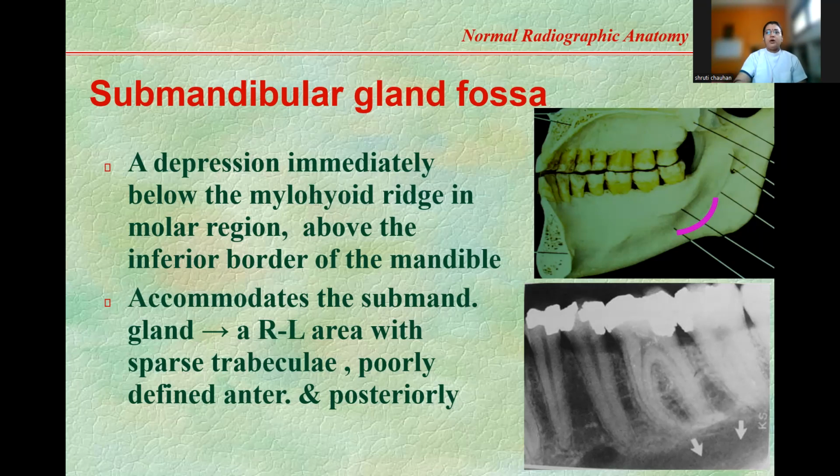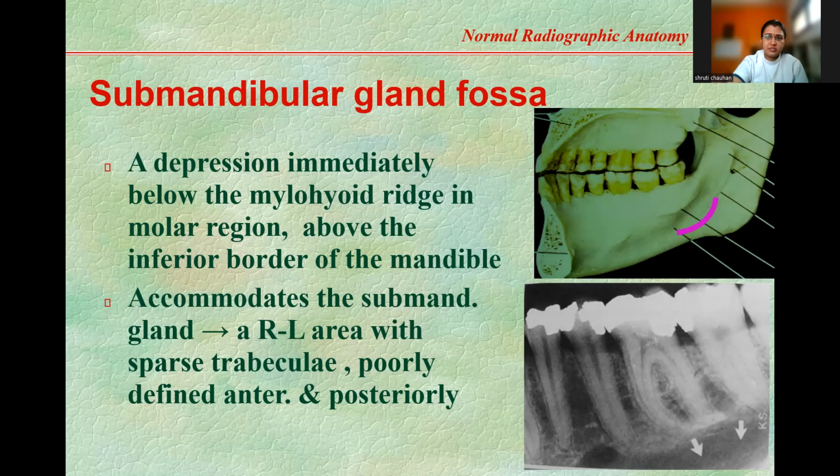Now again, why this is important is that when we see a tooth like this, and we see a radiolucency over here, we confuse this as an abscess. Most of the new people will confuse this as an abscess, as they don't know the anatomy.